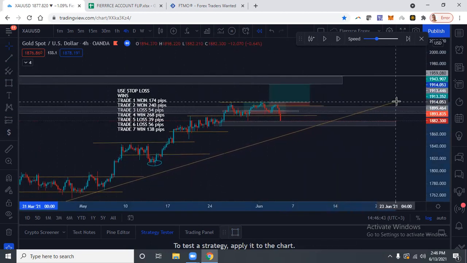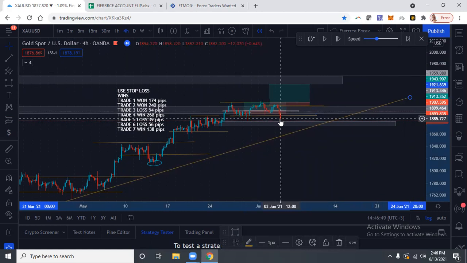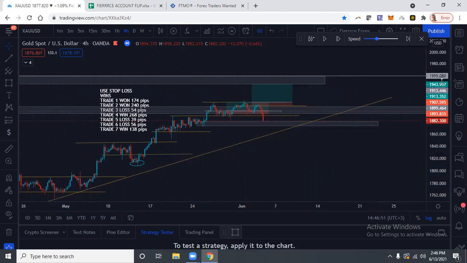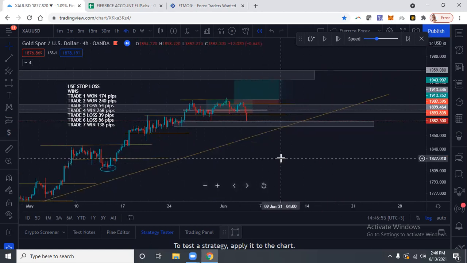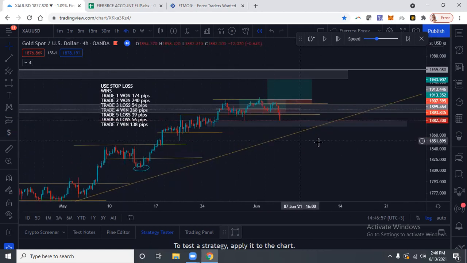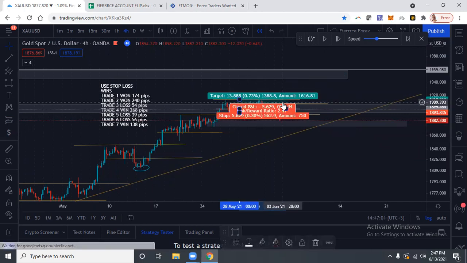So the trend is still up. Right now, with gold, we are in June, so this month, that's on the 3rd. And I'll just delete this.